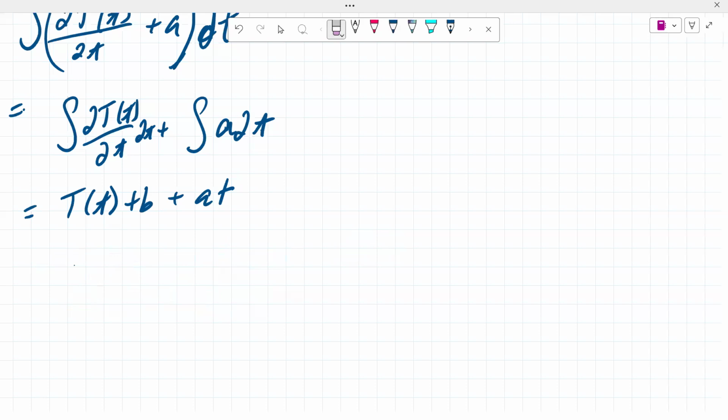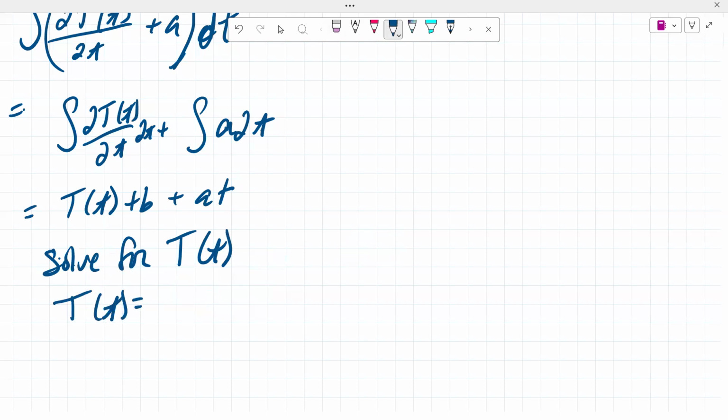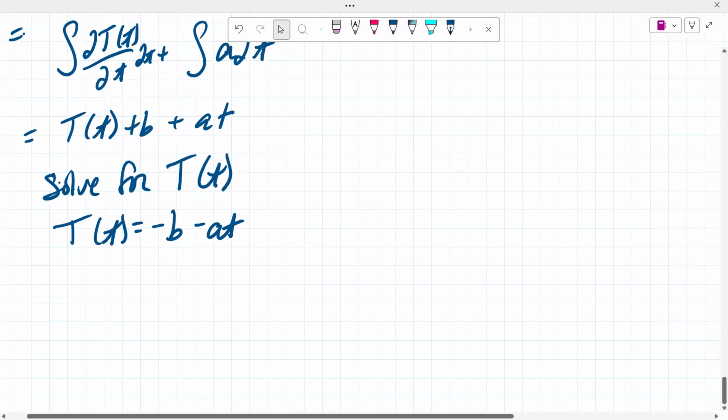I apologize for this. Basically the same thing that I just wrote here. Solve for T of t: T of t equals negative B minus At. That makes more sense, but these should be plus signs and we have the minus signs. So again, we're going to play that same trick to absorb the negative sign into the constants.